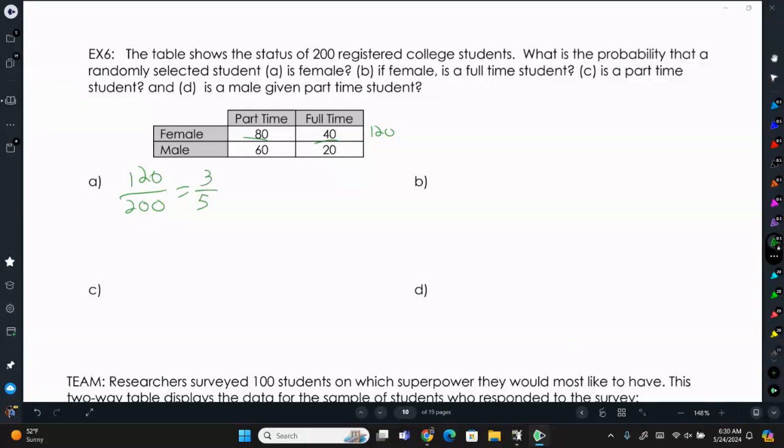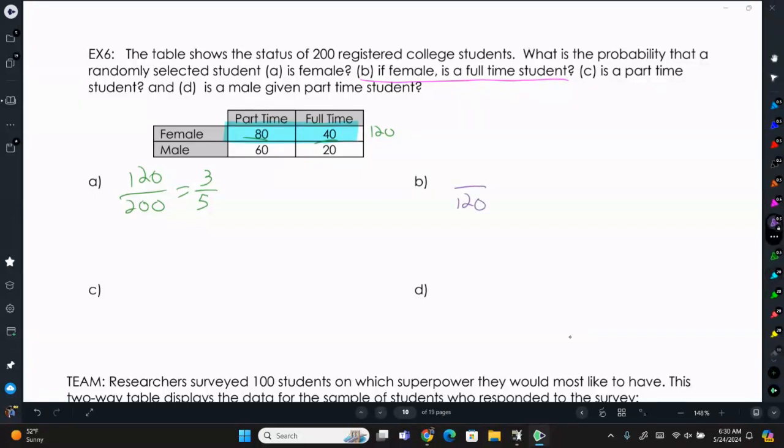Now B says if female, is a full-time student. So when it's saying if female, what that means is that I'm only looking at this row here. So my denominator is no longer 200. My denominator is the total number of females, which is 120.